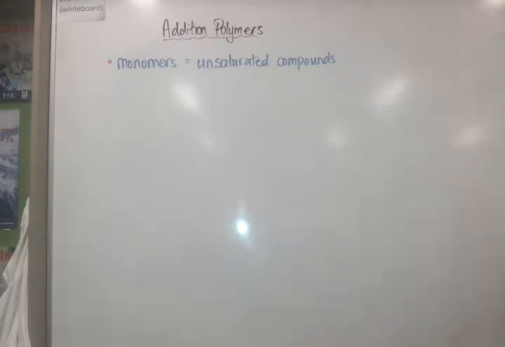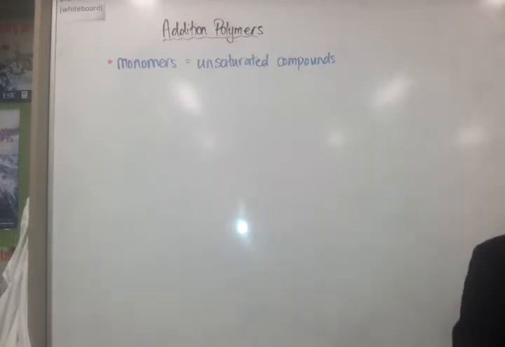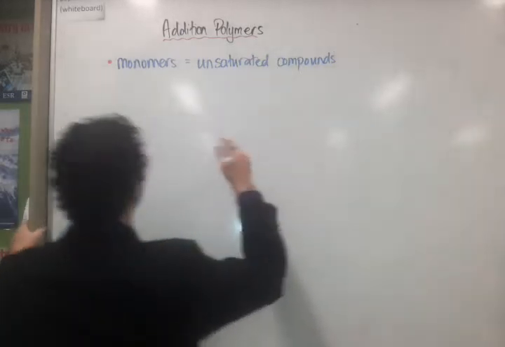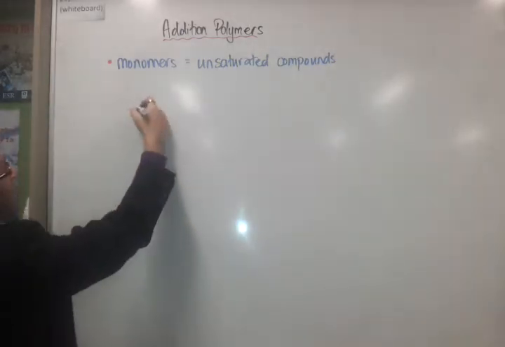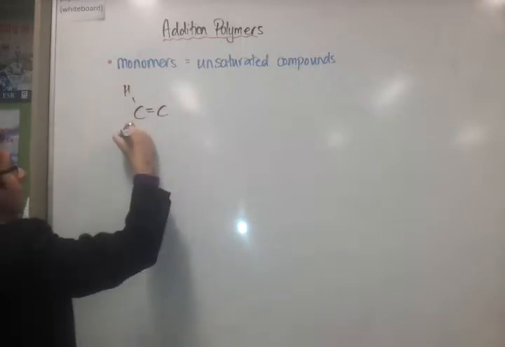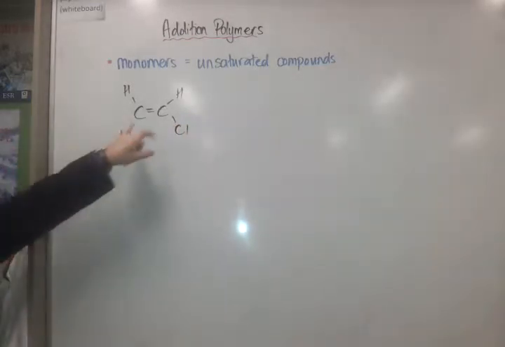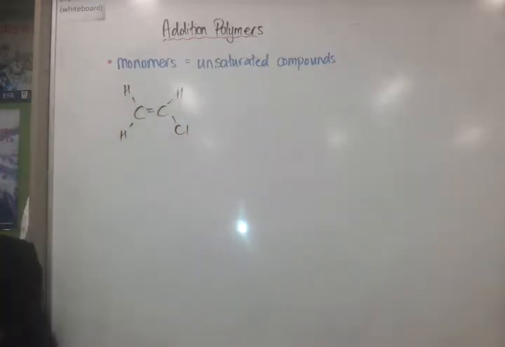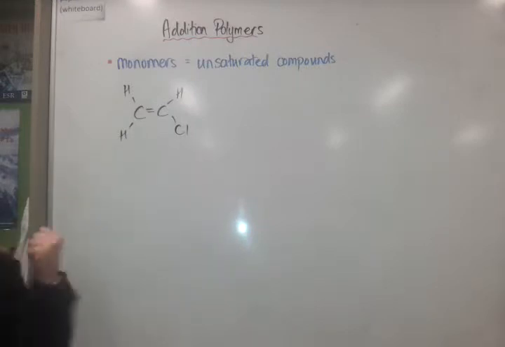I'm going to show you very quickly using a chemical called chloroethane. Alright, so we're going to start with a monomer, so mono, 1, mer, unit. We're going to start with a single unit that is this. Okay, so it's ethene, a 2-carbon alkene, with a chlorine atom tacked onto it as well.